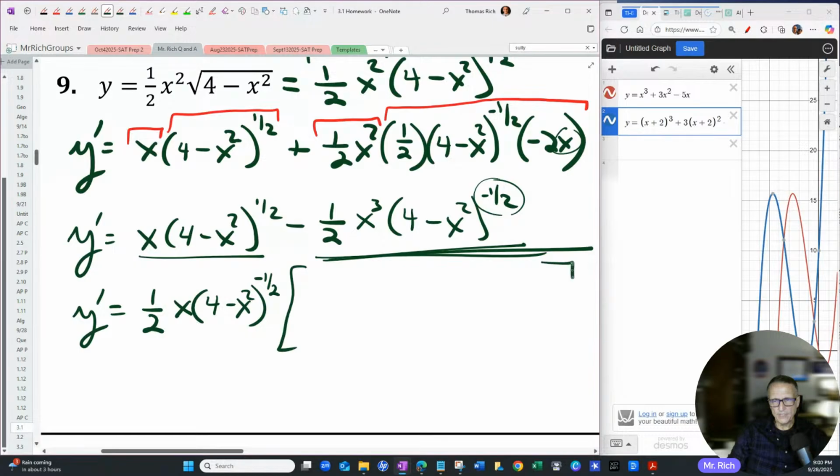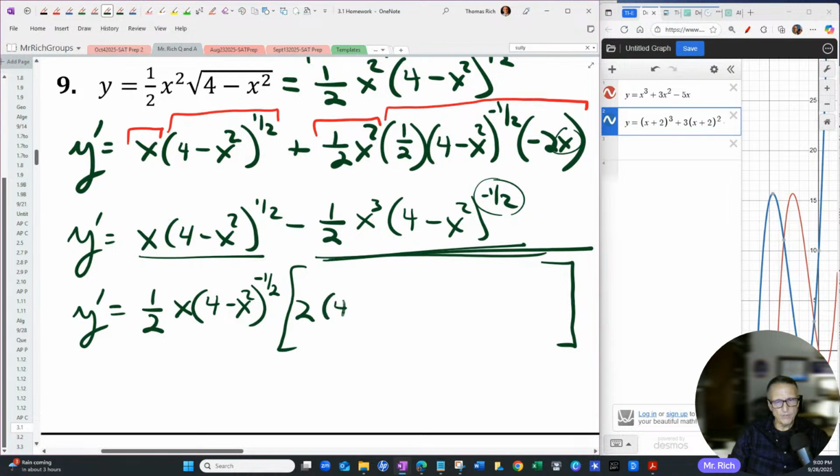Then what's left inside, after you pull that out, is found by division. Always when you factor out a GCF, to get what's left in the parentheses, you're going to divide each of these terms by the GCF. When I divide this whole thing, 1 divided by 1/2 makes it 2. And then the x's will cancel, so that x will go away.